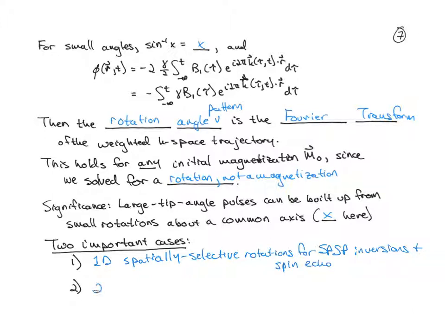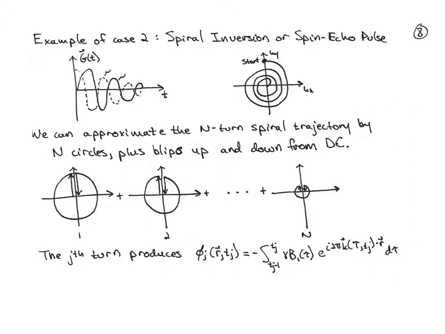And then the second case is two-dimensional and three-dimensional rotations built up in spatial frequency space. So the canonical example of case 2 is a spiral inversion or spin echo refocusing pulse.